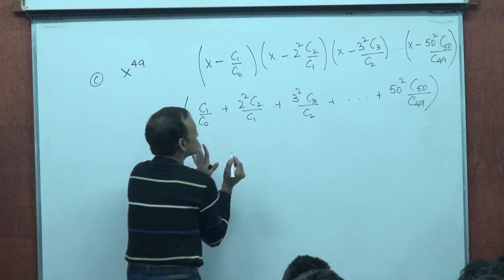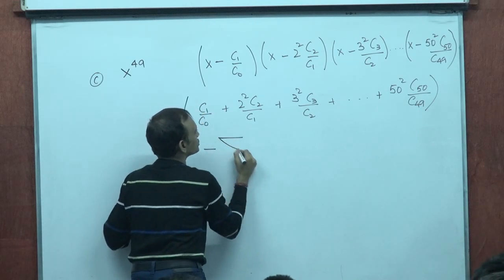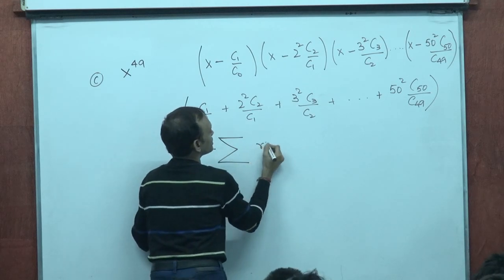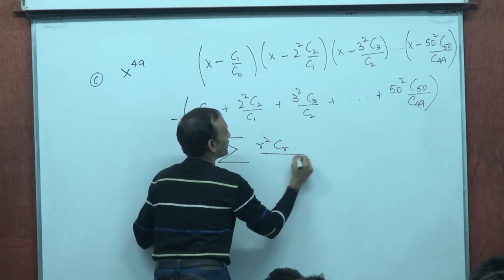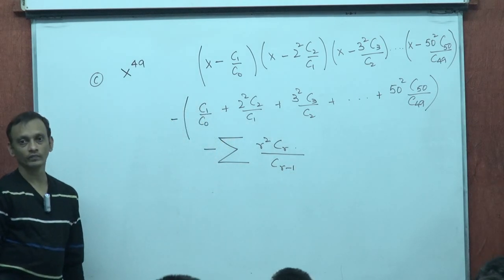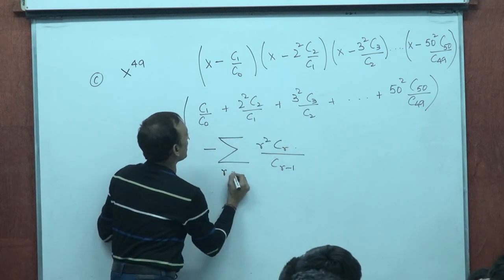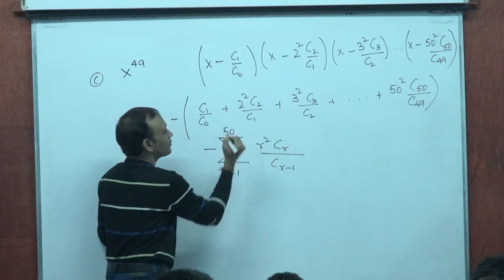Which means what we are trying to find is minus the summation of r squared Cr by Cr minus 1, where r runs from 1 to 50. Yes or no?